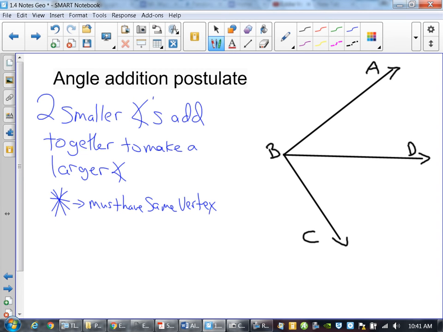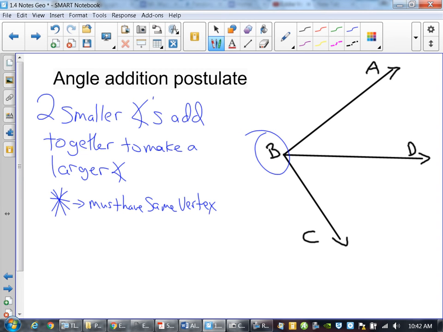So writing it out is what's going to look different. Everybody agree that the common vertex for the three different angles we have here is going to be B? In long form, if I'm going to write out the two small angles equal to the large, it looks weird because you have so many letters in the symbols.